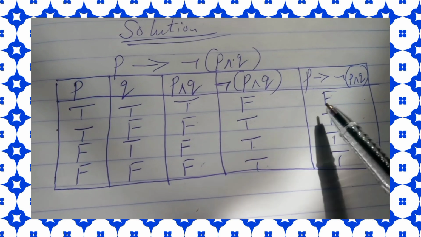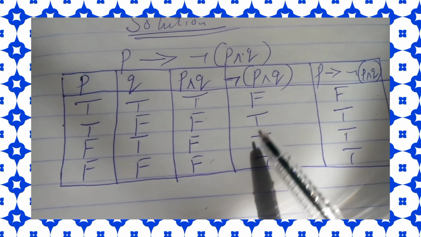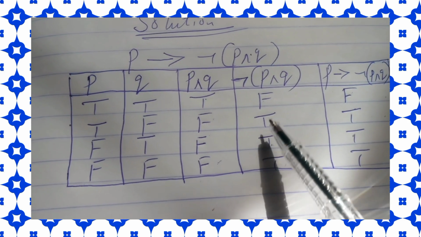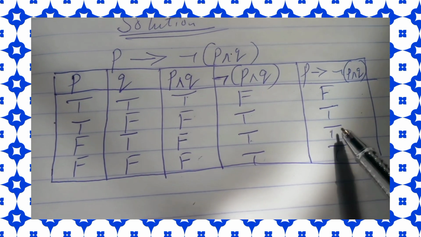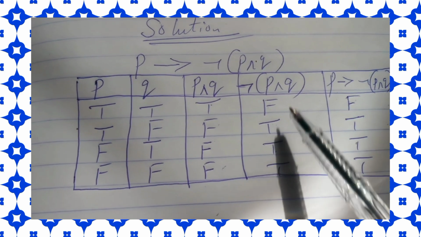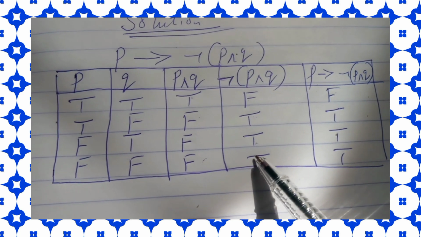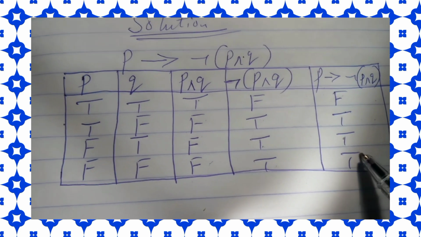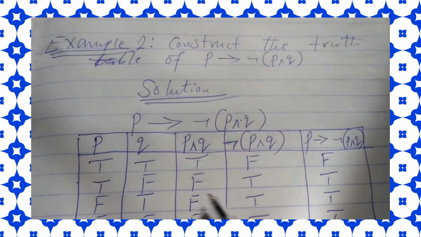Because of that, this will become truth. Even though we have false here, this negation of P and Q is truth, then it will become truth. Here we have false here, it does not matter because this negation of P and Q is truth. So here becomes truth. And this is how to solve this particular question in logic.